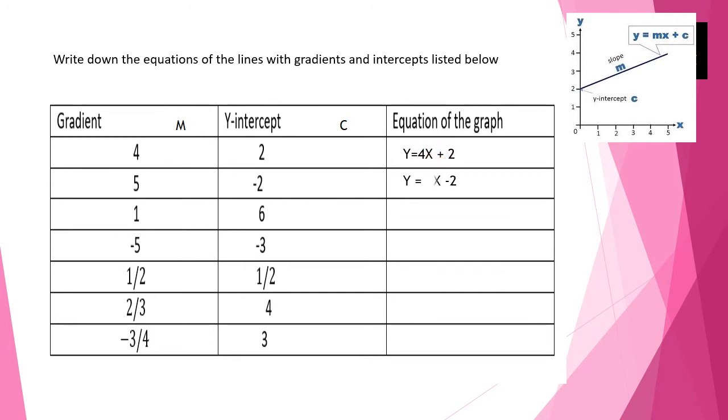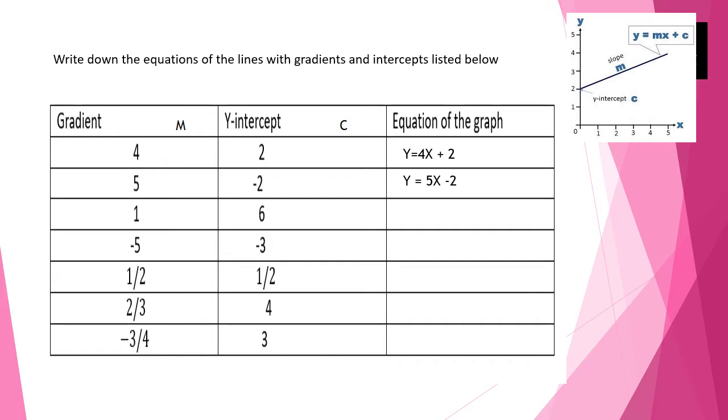Look at the next one. That is y equals, the gradient m is 5, so it's 5x. The y-intercept, which is c, is minus 2. So you have to write it as y equals 5x minus 2.